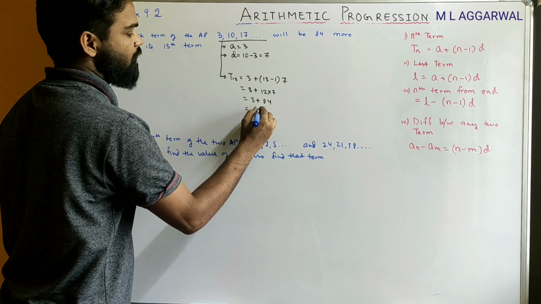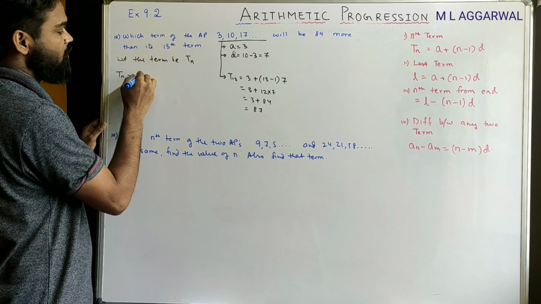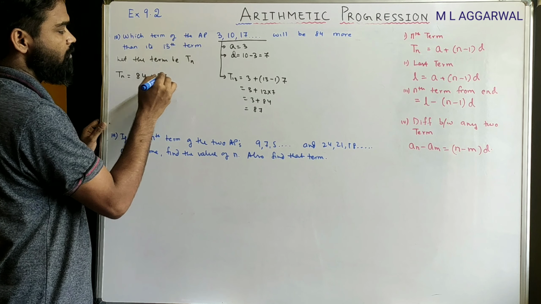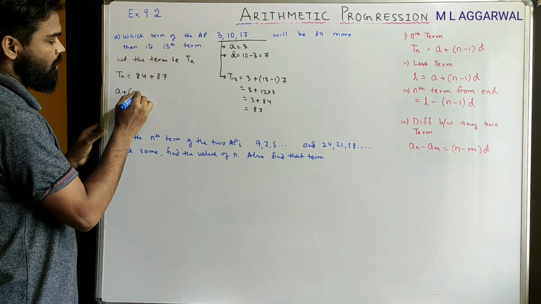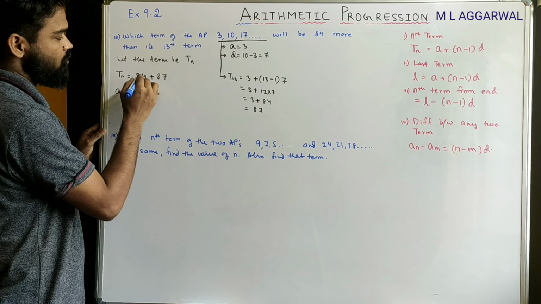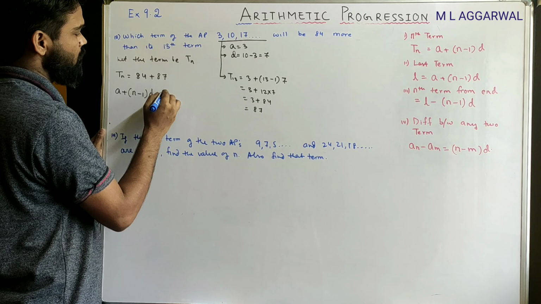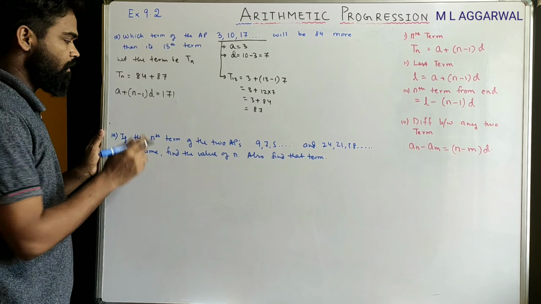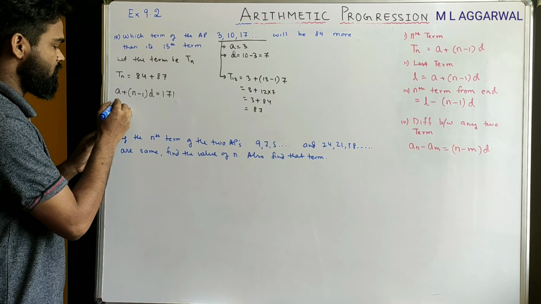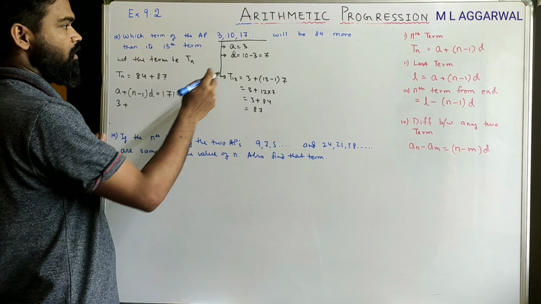Now they're told which term is 84 more than this. Let the term be Tn. So Tn will be 84 plus 87. The Tn I can write a plus n minus 1 d equals to 171. Now solve this. a we know, a is 3 and the common difference is 7.